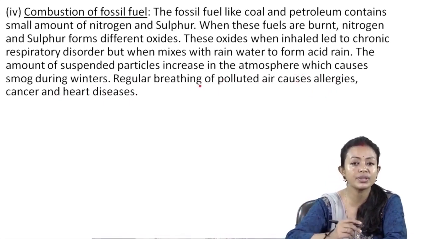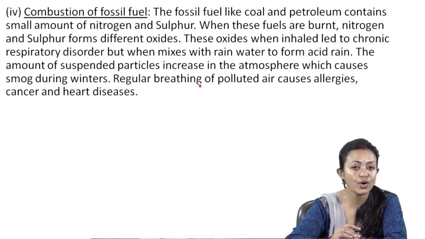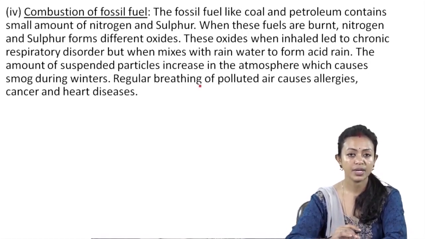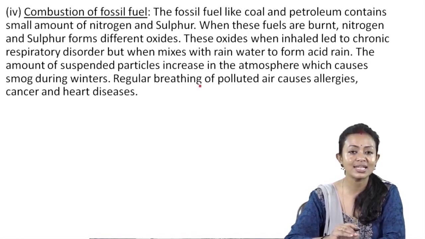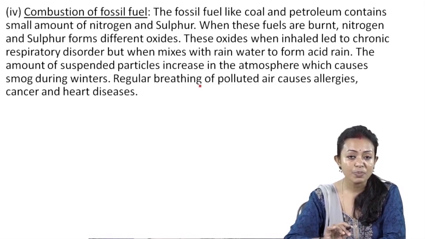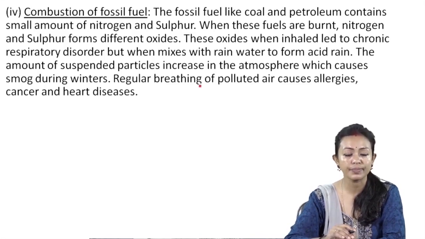Now, what happens during the winters? We know that the temperature of the earth reduces. The ground temperature reduces, and the water vapor starts condensing at a lower level. When the suspended particulates start condensing in this water vapor present in the lower atmosphere, they form what is called smoke.